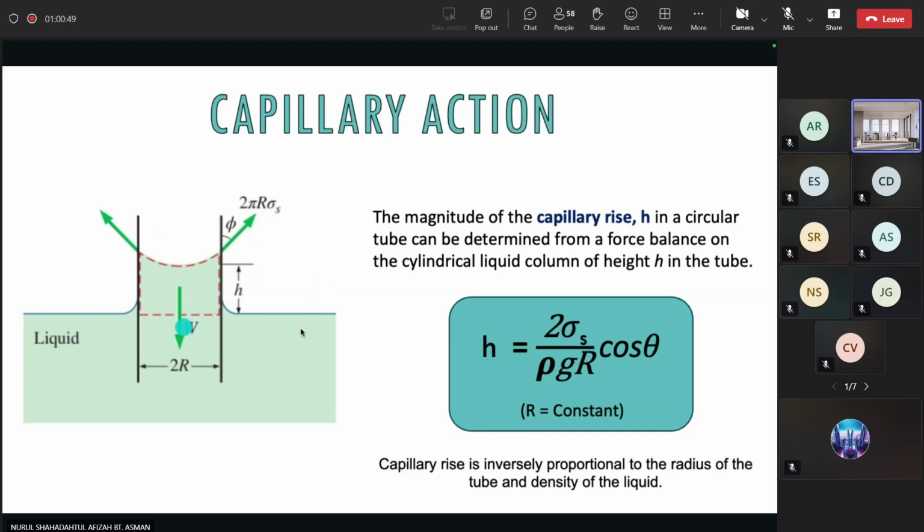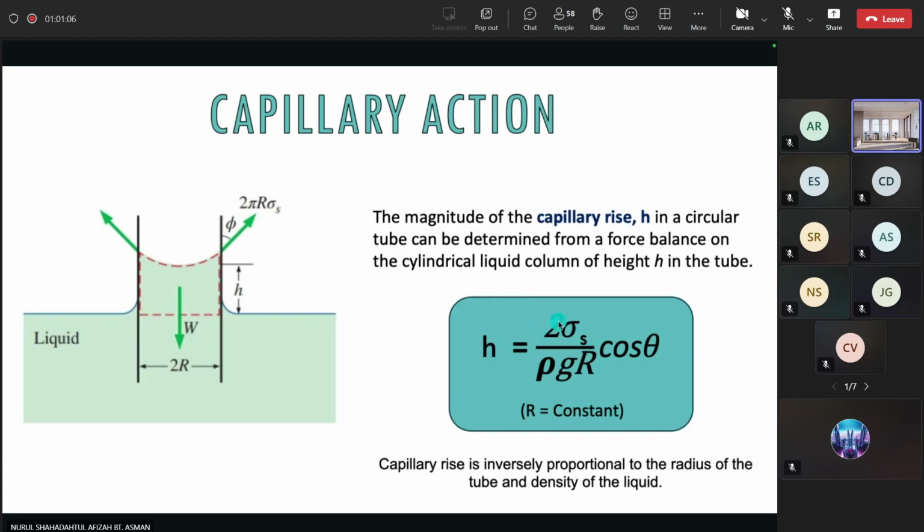So this is the height. If you see the meniscus shape is this, we can simply know that the liquid is water.